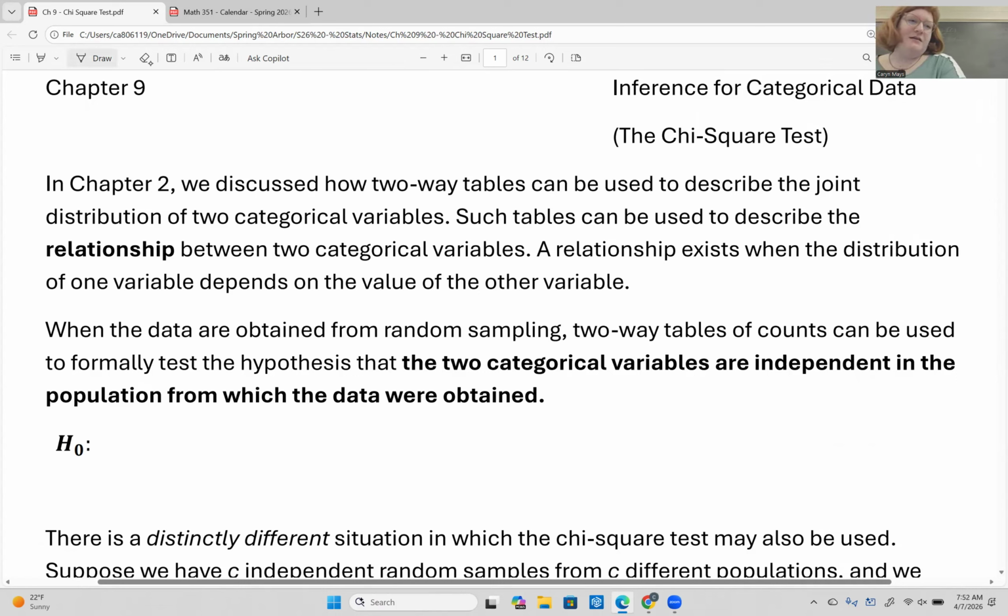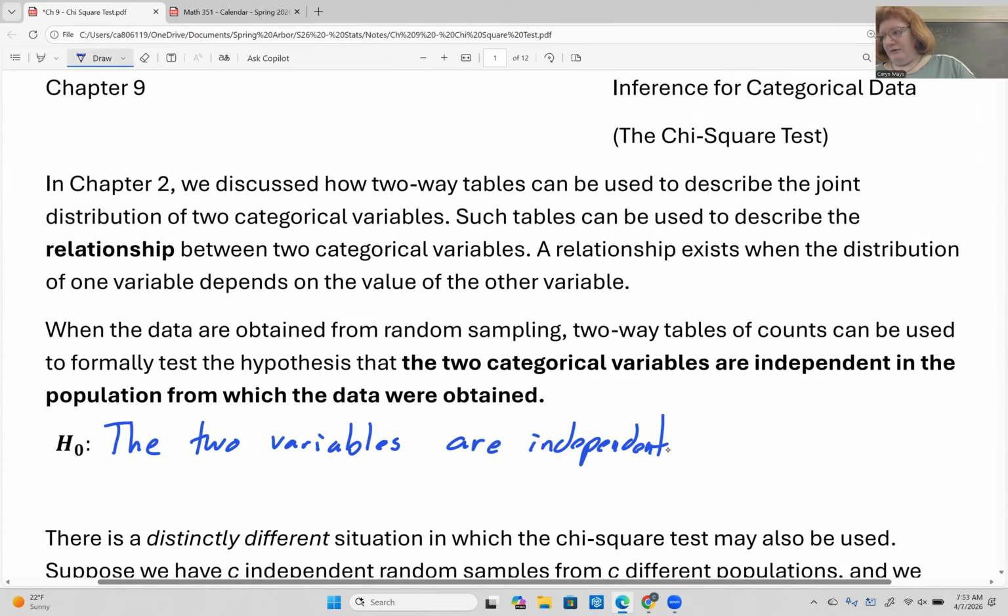When that's the thing we're looking for, our null hypothesis is generally that the two variables we're looking at are independent in the population. And then the alternative would be they're not independent in the population.